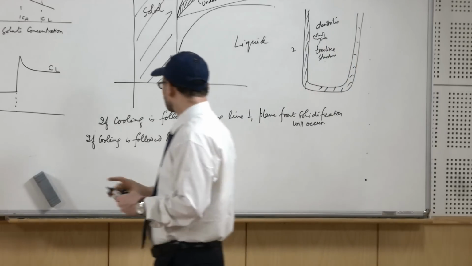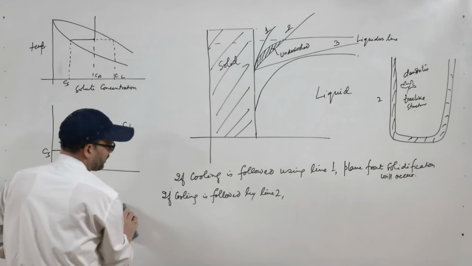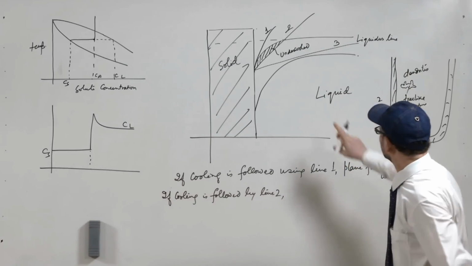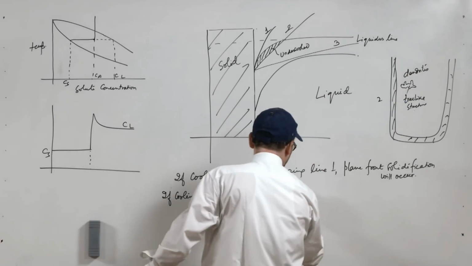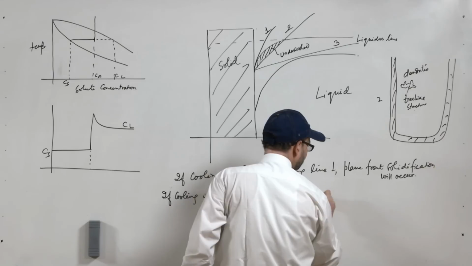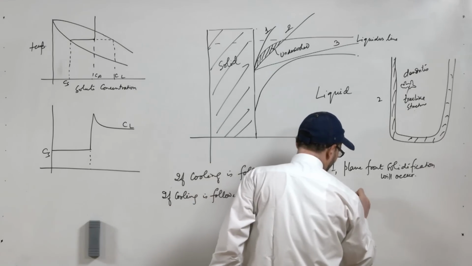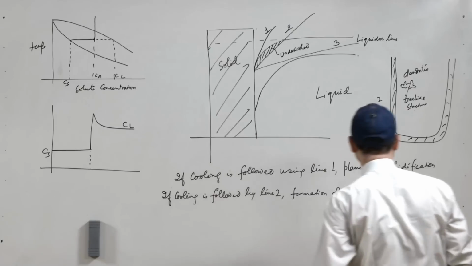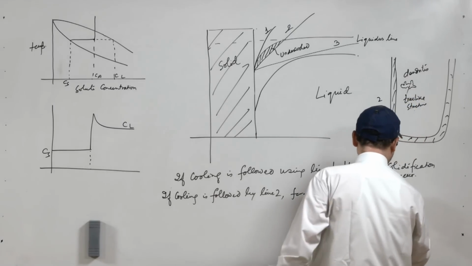So, if the cooling is followed by line 2, you have formation of dendrites, a dendritic structure.